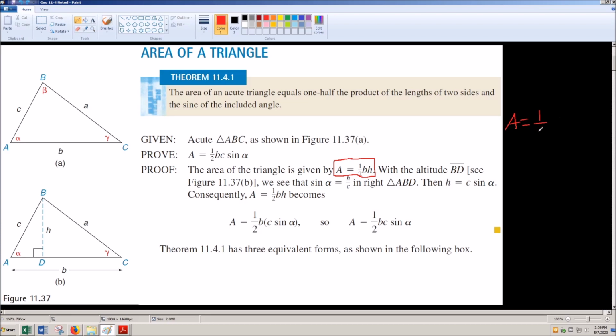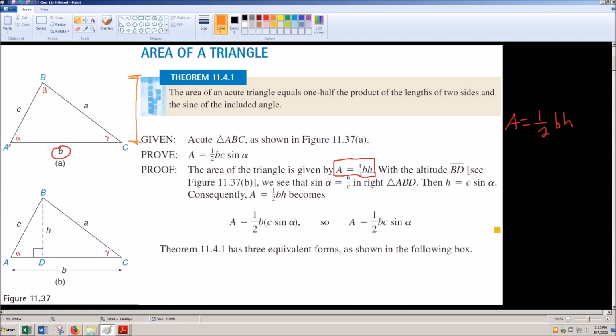The base for this thing is going to be B. I know it's a little bit confusing that B and base are both B, but roll with it here. So I'm going to use my base B, and then I want to talk about the height. What is the height of this triangle? The height of this triangle is from here to there.